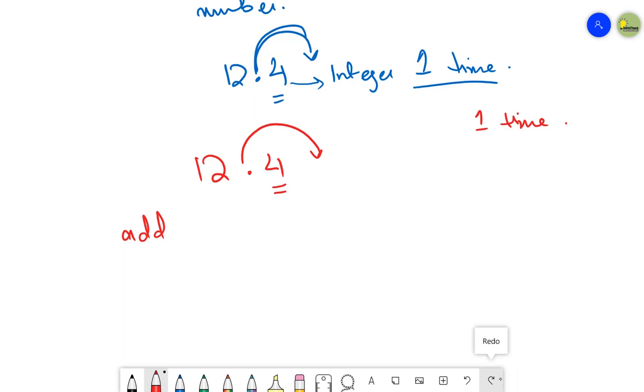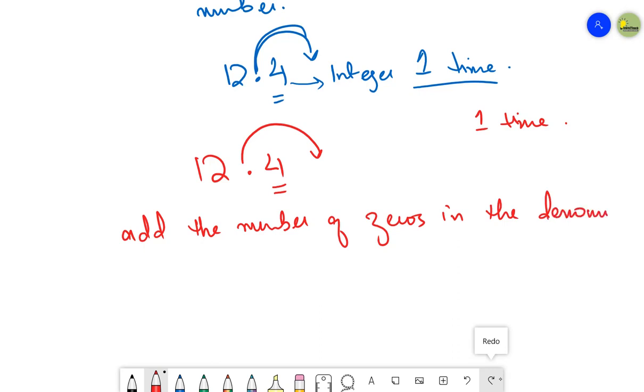Add the number of zeros in the denominator by calculating the number of times you are shifting the decimal.